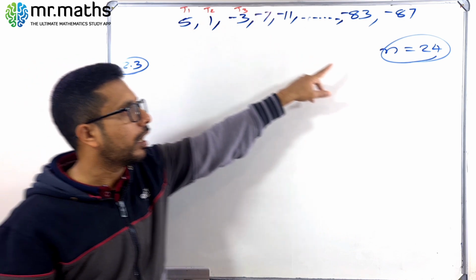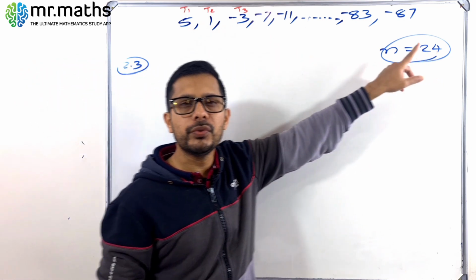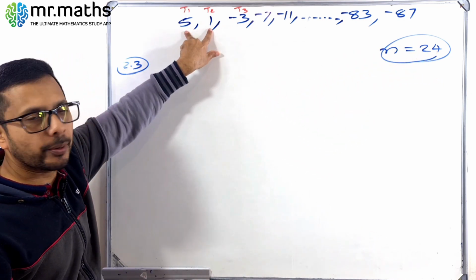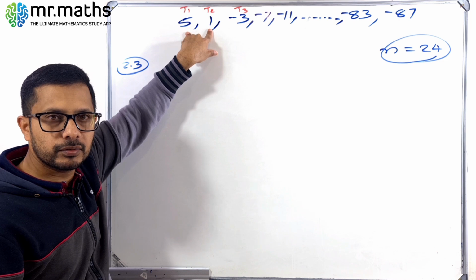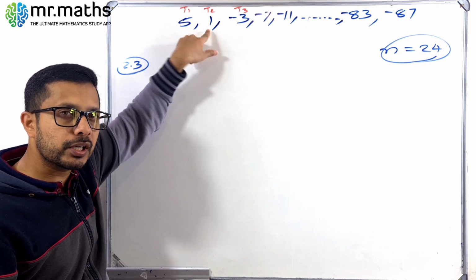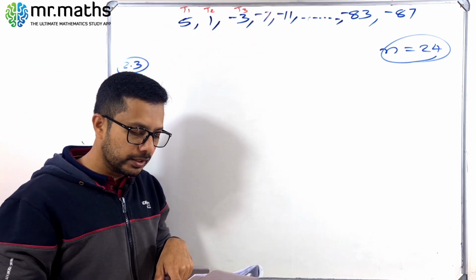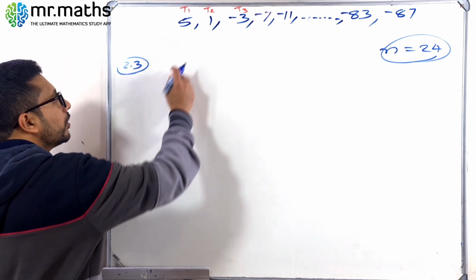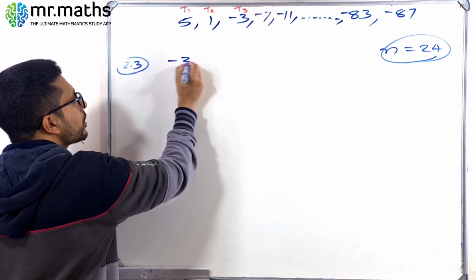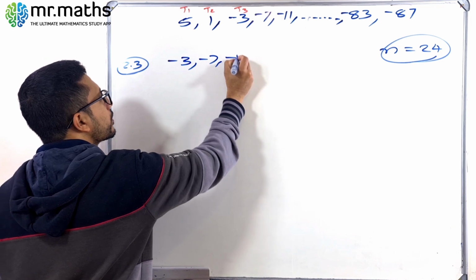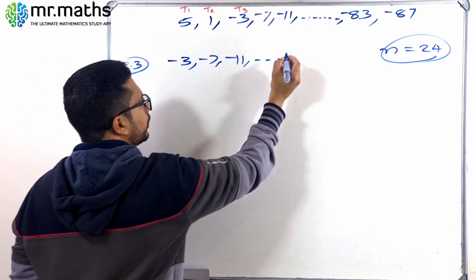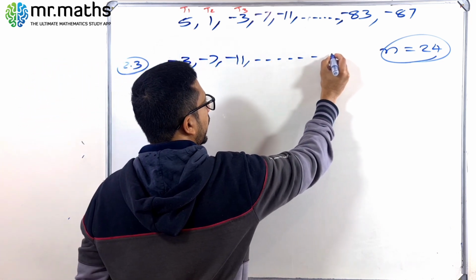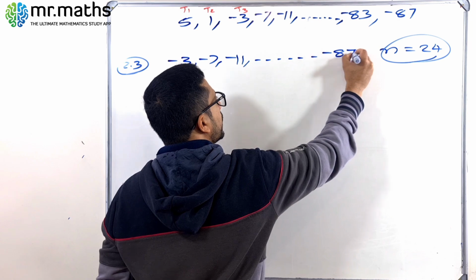That means out of these 24 numbers, we have to avoid 2 numbers, because they are positive. What is the question? They want the sum of all the negative numbers. That means they just want the sum of -3, -7, -11, and so on, all negative numbers up to -87.